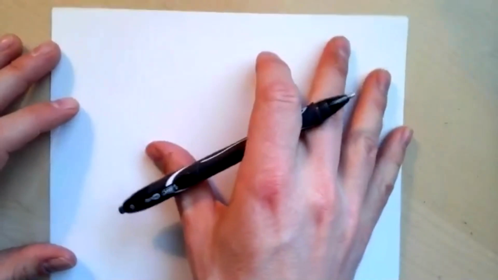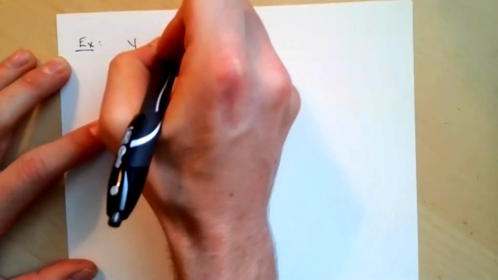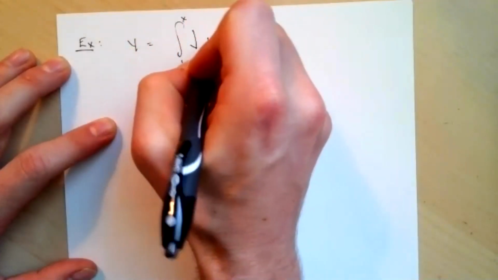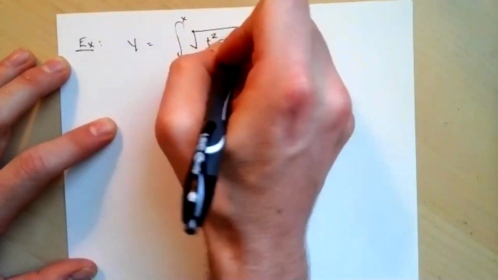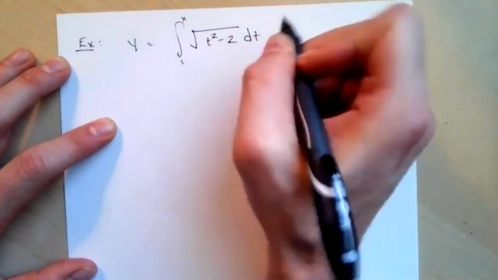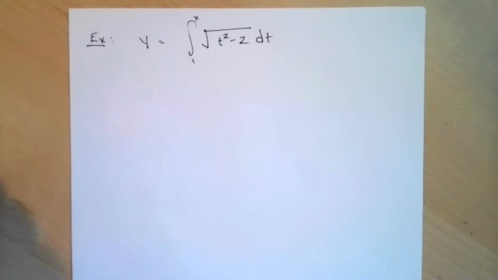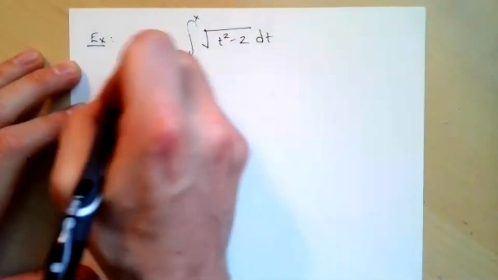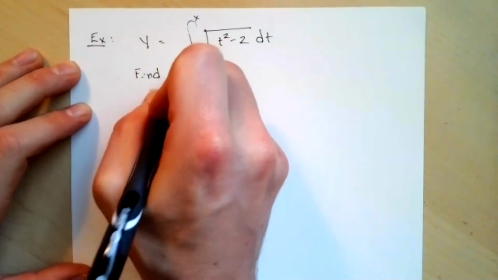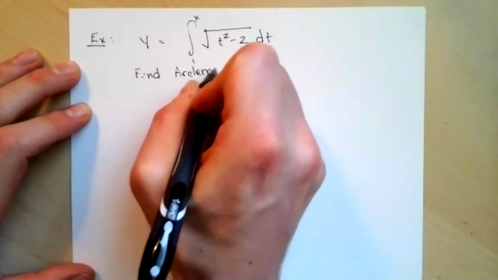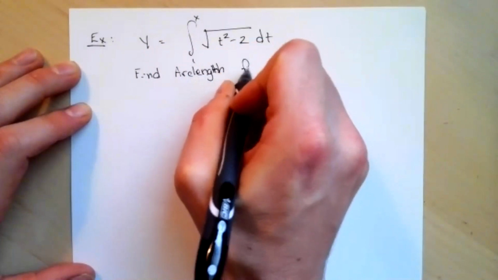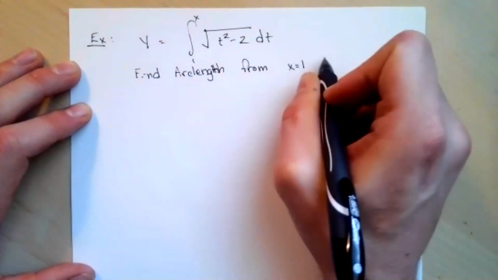We can define functions in terms of integrals. So this will be related. I could define the curve itself as an integral. And we want to find the arc length from 1 to 4.